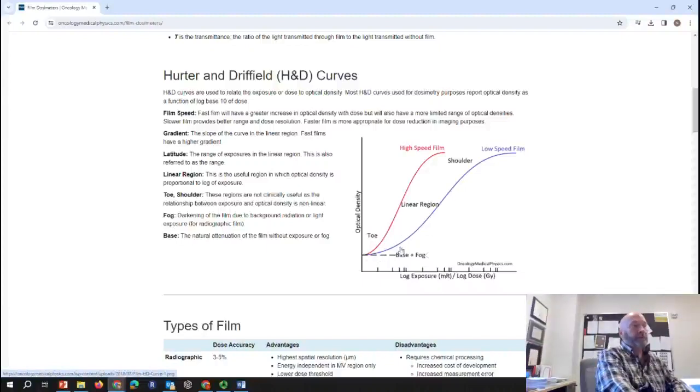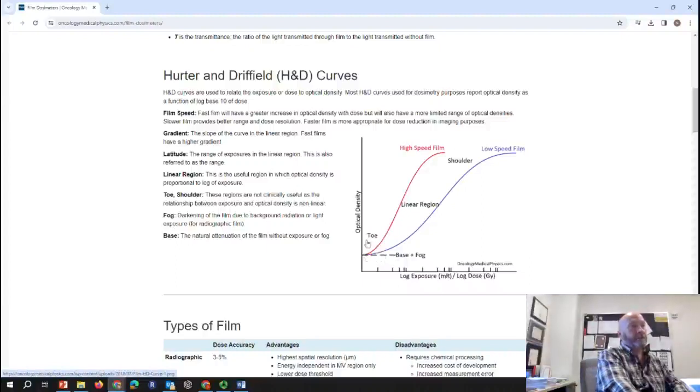In the review, it refers to speed. So with speed, whichever one of these curves is most radiosensitive, whichever one is most sensitive around the toe portion. So it's at a specific point. You see base plus fog here, and I'm not going to go into that. That's a screen film thing. But the exposure axis is the horizontal axis and the density axis is the vertical axis.